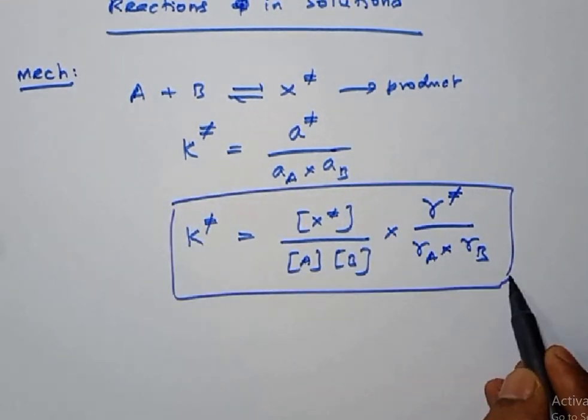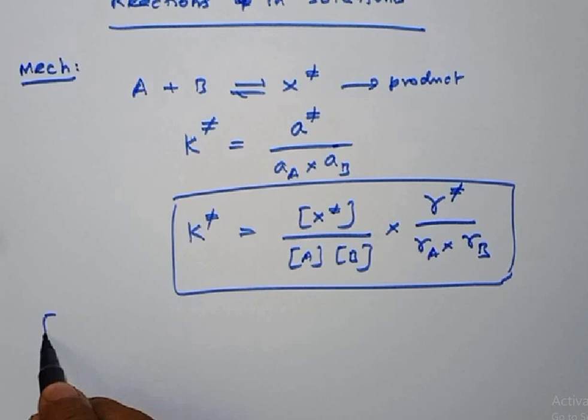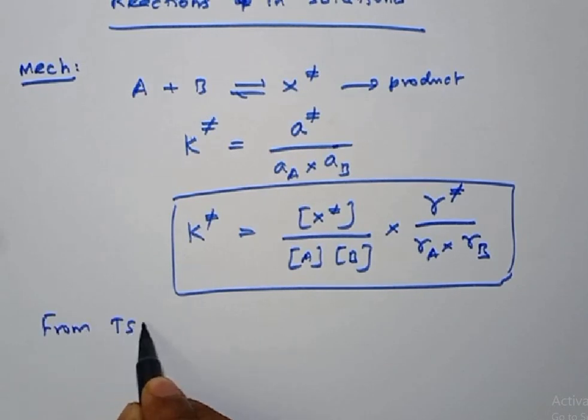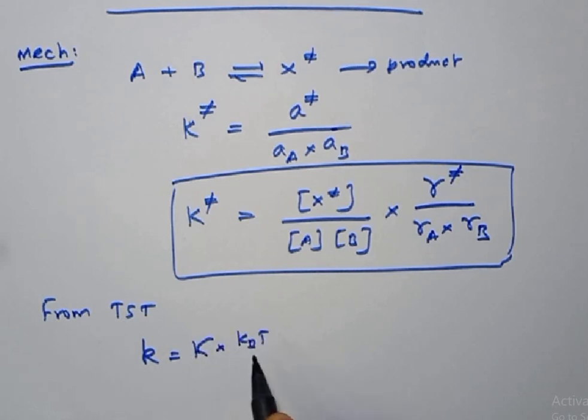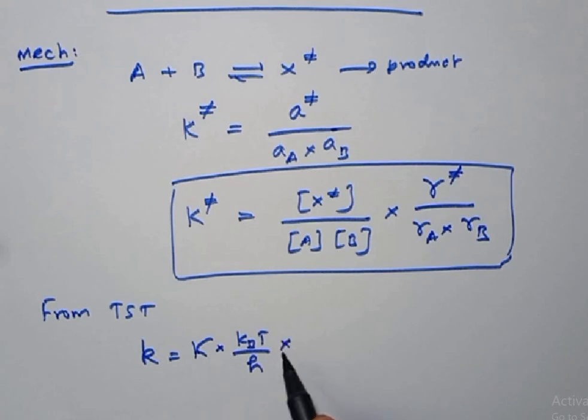Now, you know very well from transition state theory, the rate constant K is equal to kappa into KBT by H into this K double dagger.